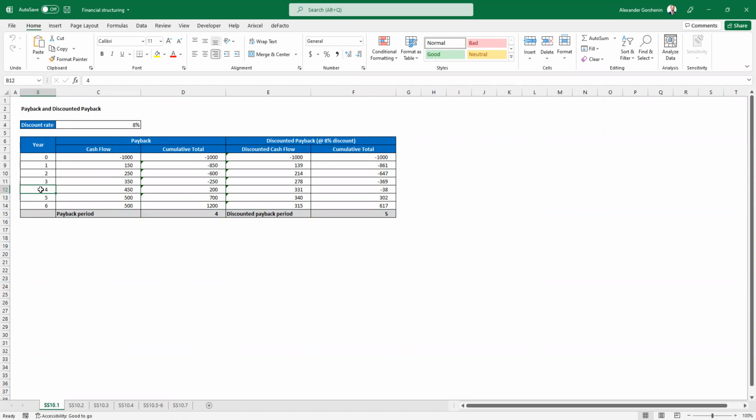The payback period is therefore 4 plus the difference between 450 and 200 divided by 450, that is 4.6 years. For the discounted payback calculation, the cash flows are discounted at the investor's cost of the capital.